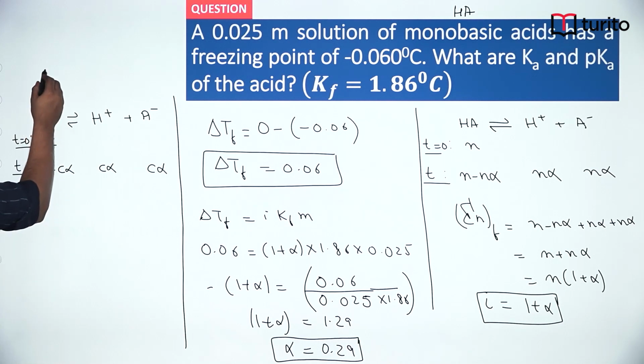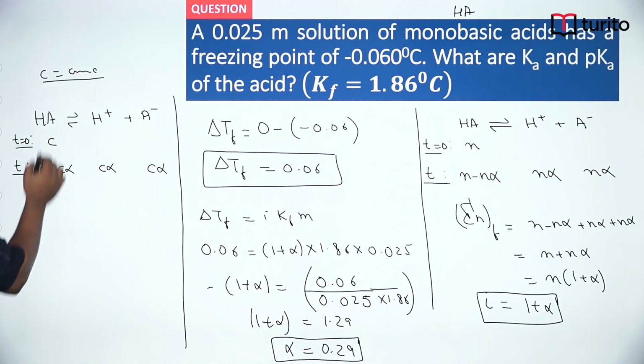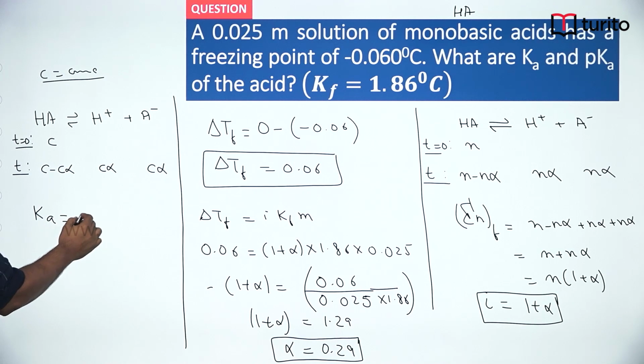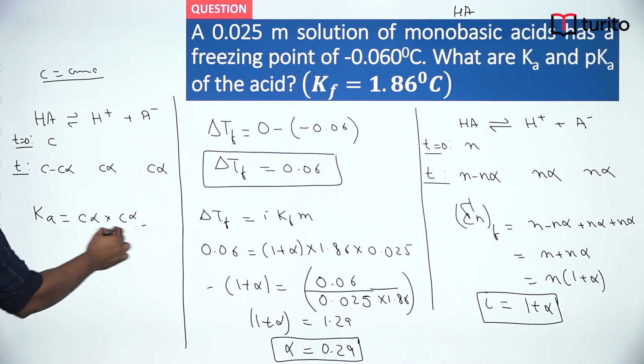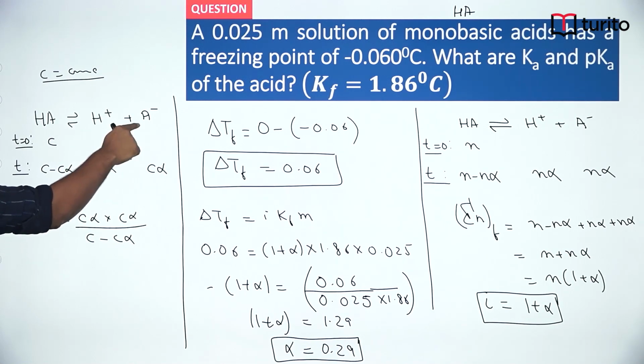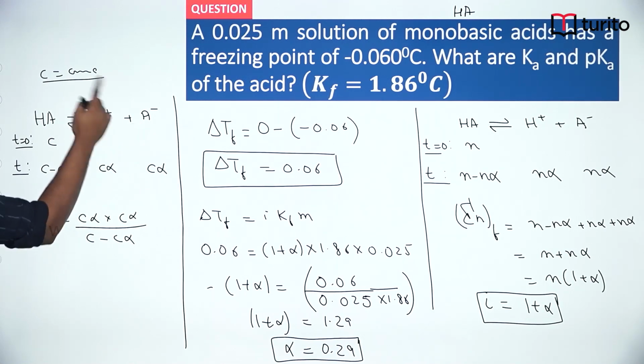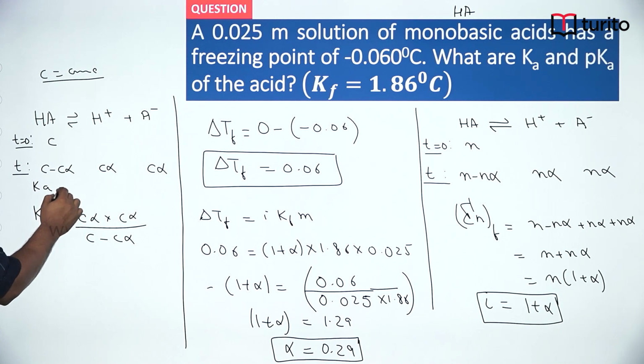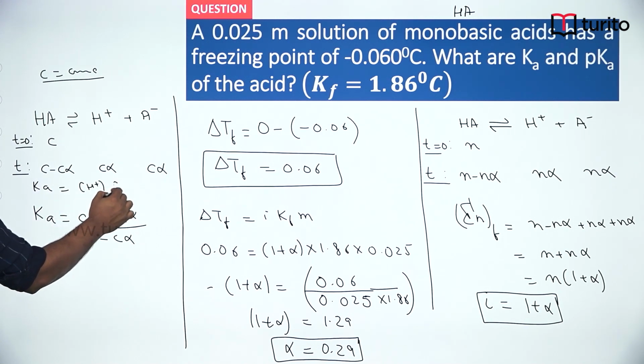So C is basically your concentration. Now we know that Ka is equal to the concentration of H plus raised to power its stoichiometry into concentration of A negative raised to power its stoichiometry, divided by the concentration of HA, which is C alpha into C alpha upon C minus C alpha.